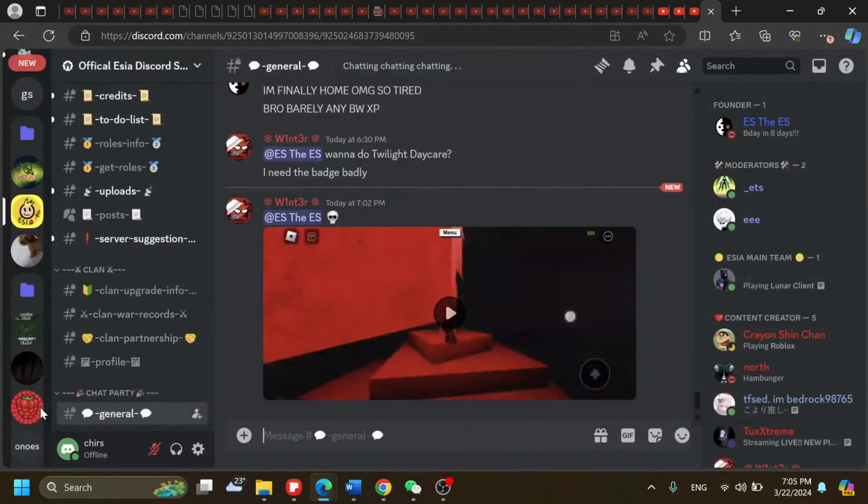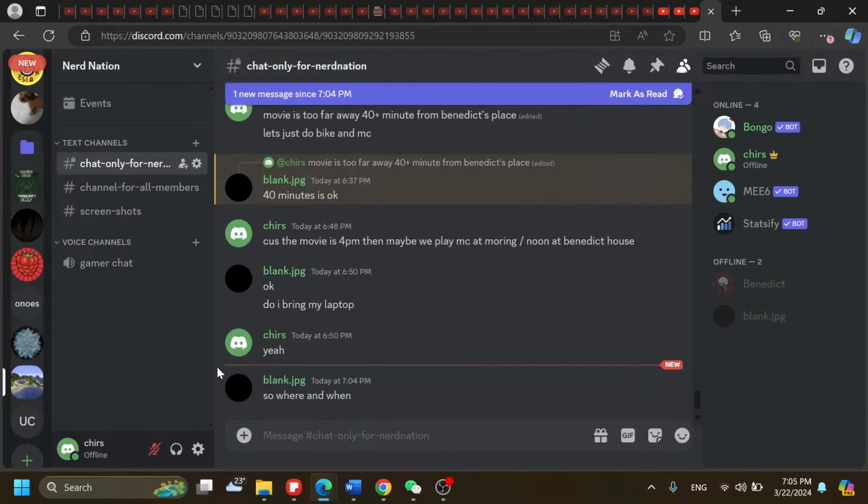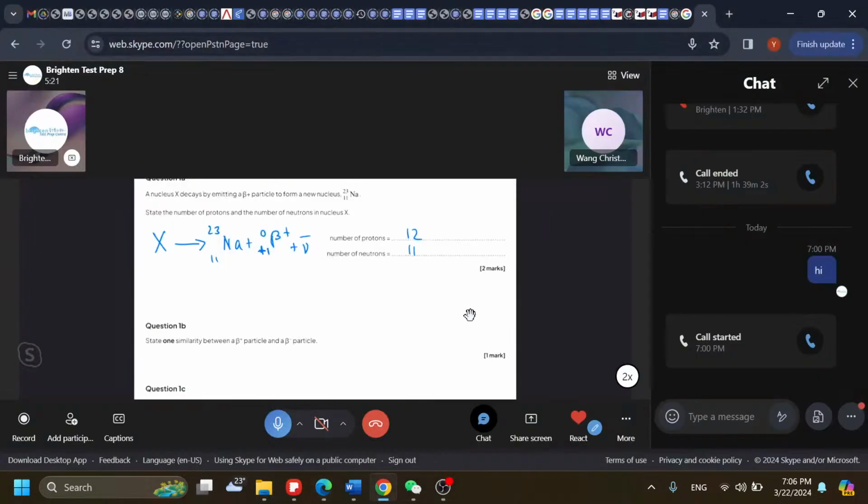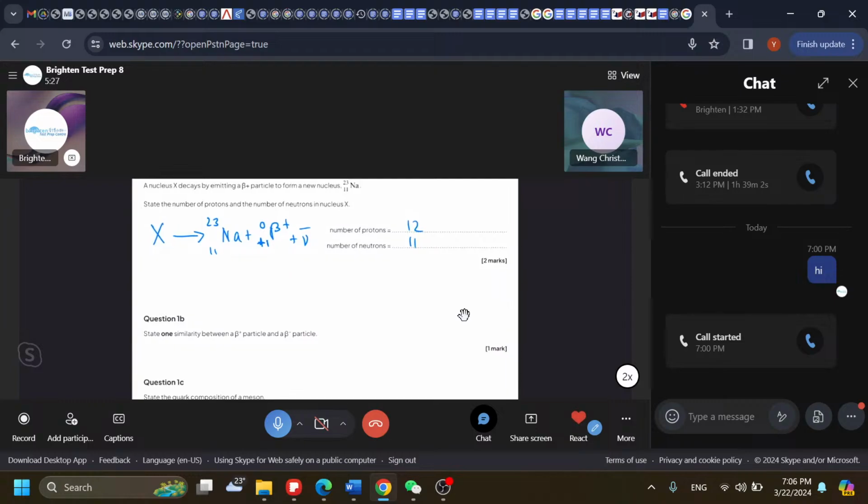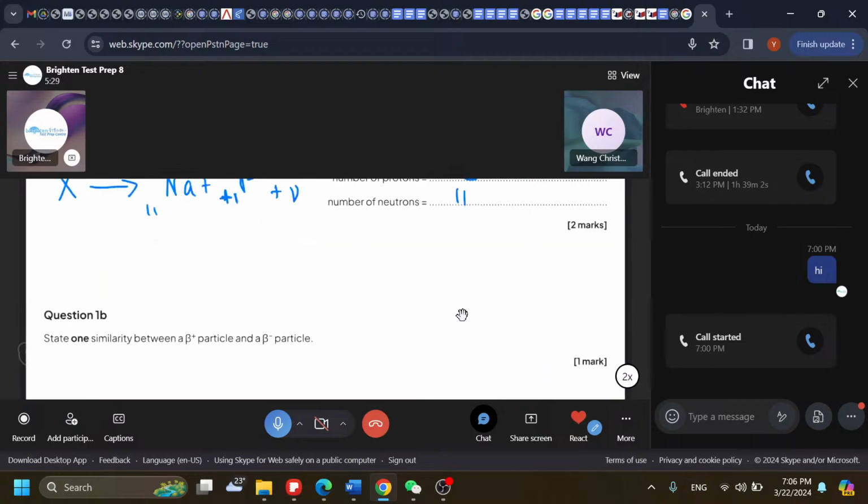So, what is the similarity between a beta plus and a beta minus particle? When you look at question 1b, what could we name as a similarity between them? We know that there's a beta plus and a beta minus. The mass. The mass, for example. What else could it be? You only have to give one, but what else could it be as well?